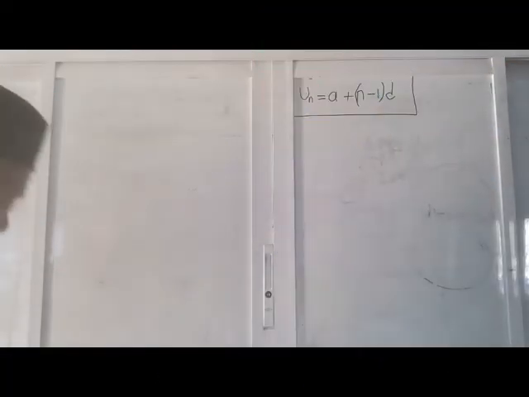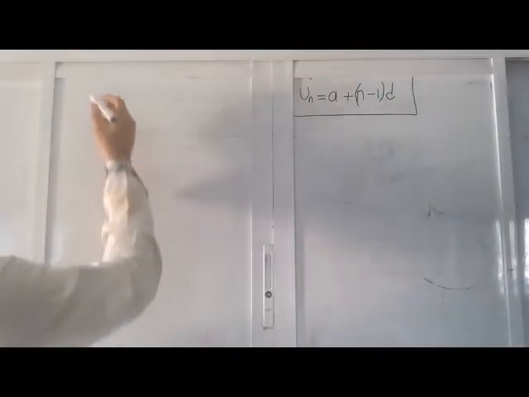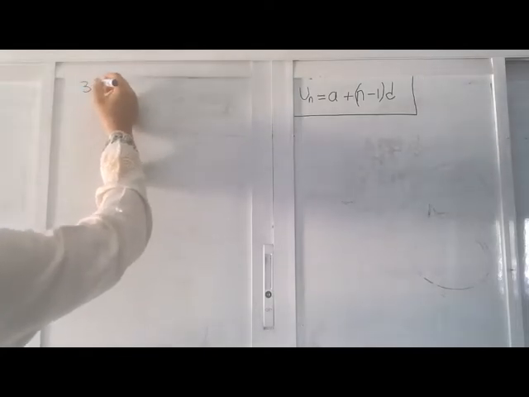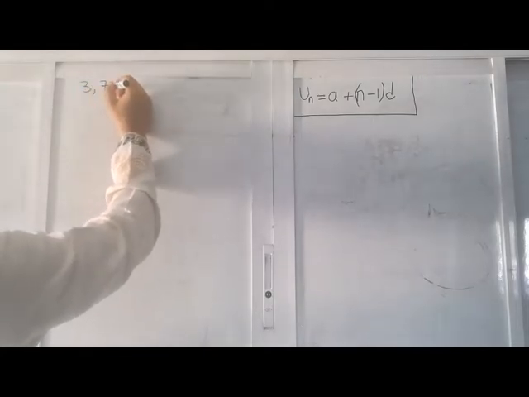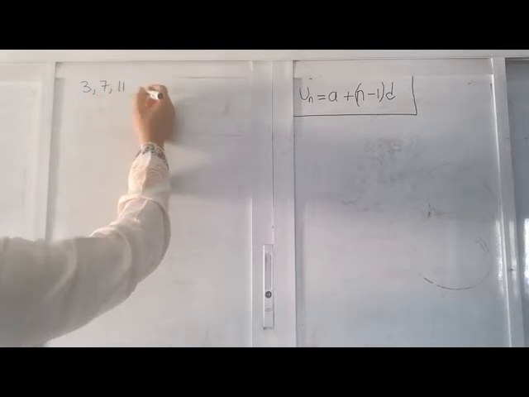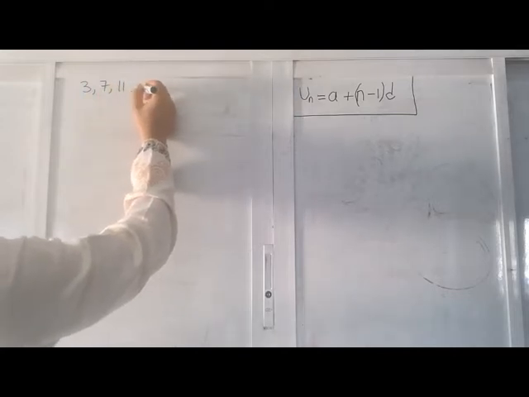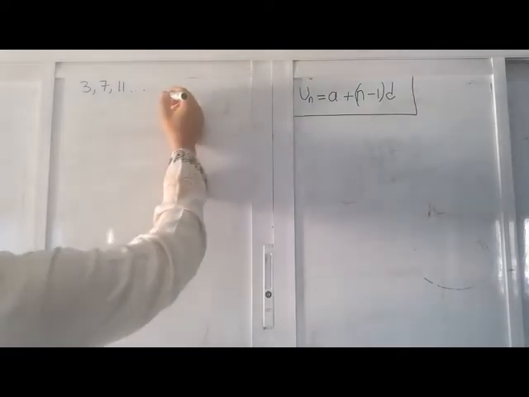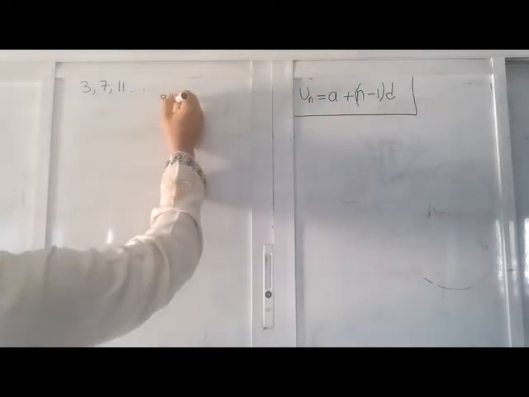So as you can see from this problem, we are given these numbers 3, 7, 11, continuous. And from these numbers, we are asked to get the 8th term.